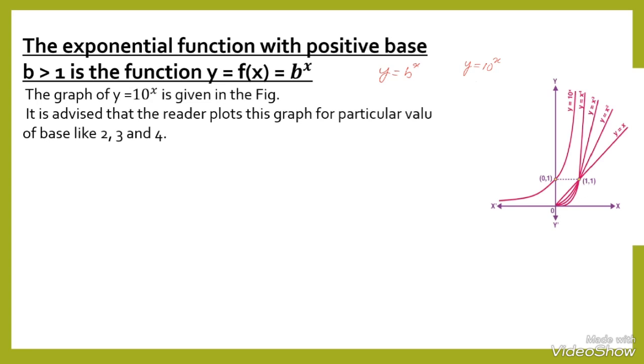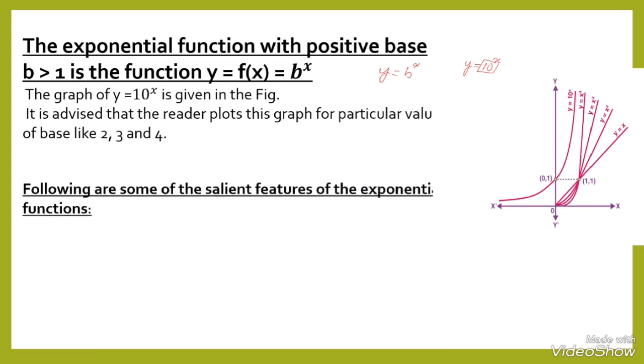Similarly, for all the values of the form y = x, y = x square, y = x cube, y = x to the power 4, we already learned these types of differentiation problems. Here we have the form b to the power x. Here the base is any constant value.